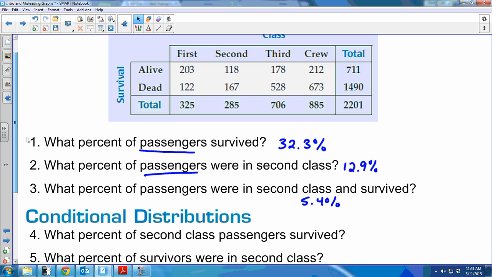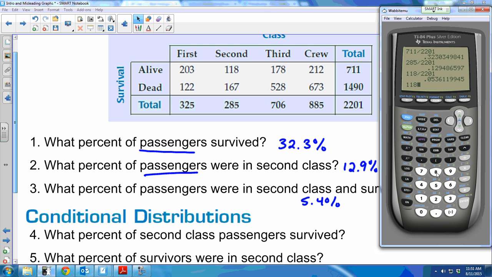So how would I find that one? Yeah, 118 out of 285. Total number of surviving second class passengers out of second class passengers. So 41.4%.